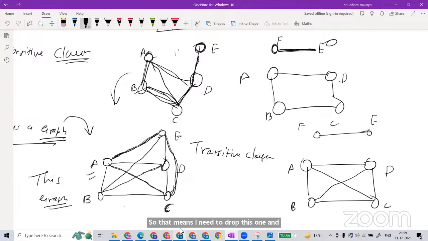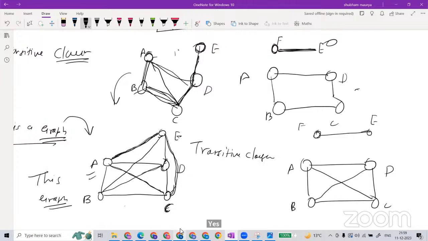And this part is done. But there is no path connecting A or B or any vertex with E and F. So the transitive closure: if there is a path, then we will connect. If there is no path, then we will not connect.